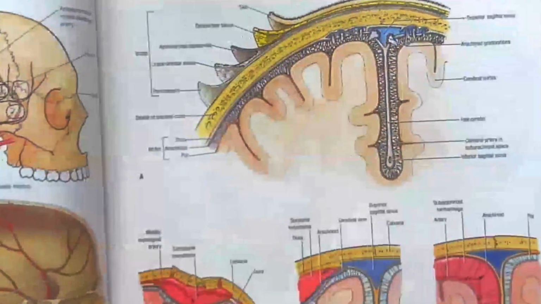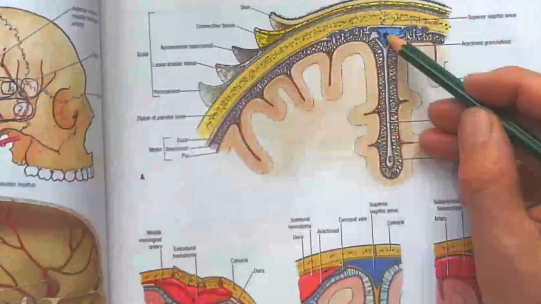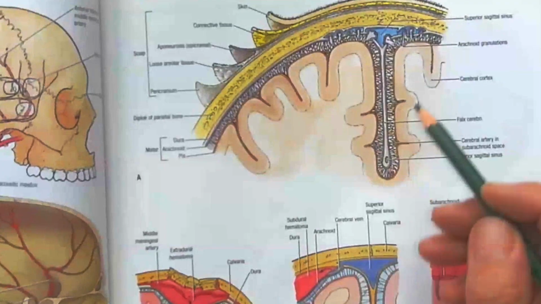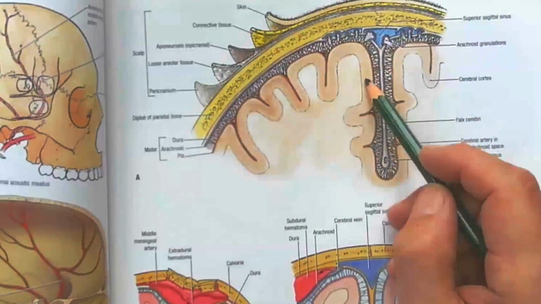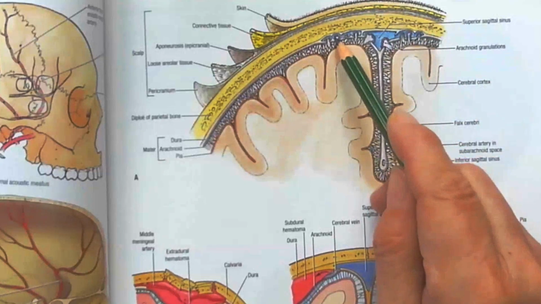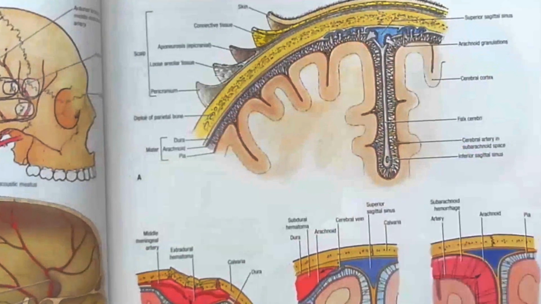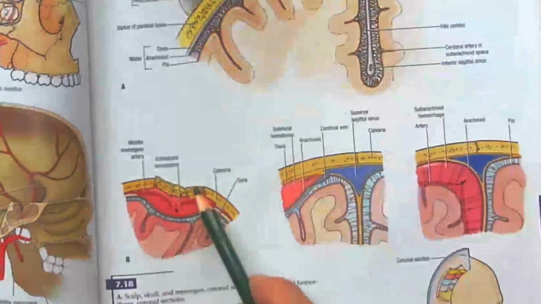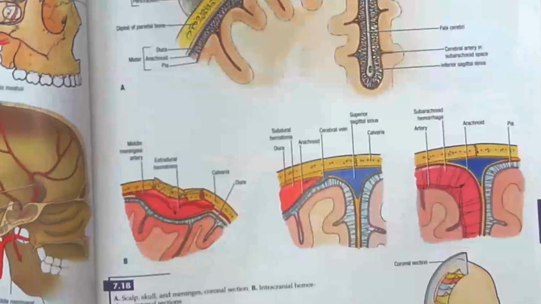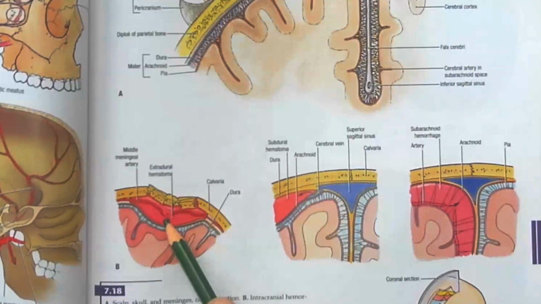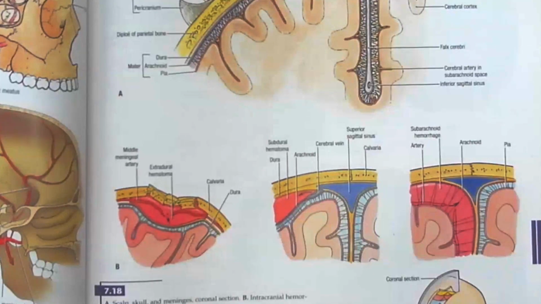And the next diagram shows also the layers. This is practically the same. Here is the sinus, the superior sagittal sinus, the inferior, etc. We see also the cortex, the layers of the scalp. Here are the veins found in the vessels in the external layer. And what is important for us to understand is that in some cases of fractures of the skull, there follows rupture of the vessels and hematoma.